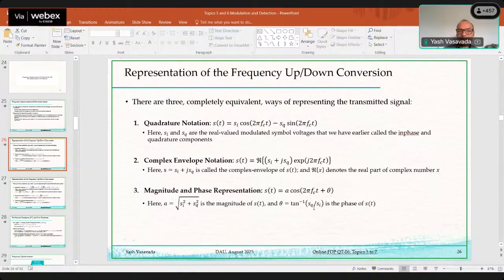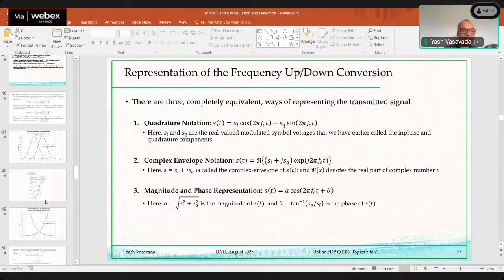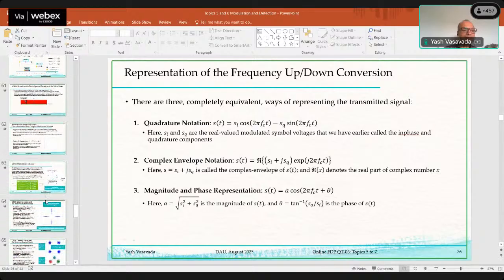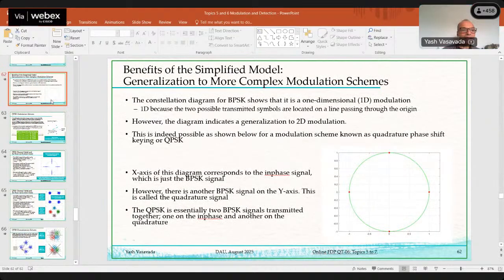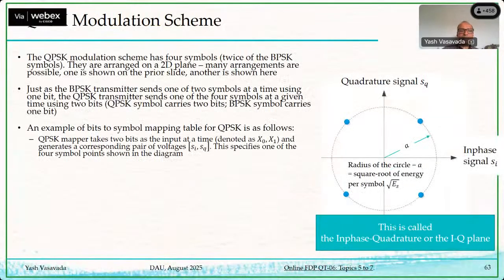Because the phase is this tan inverse of SQ divided by SI. It is that phase which changes by 90 degrees whenever we go from one QPSK symbol to its neighbor. That is what this slide says. Okay.